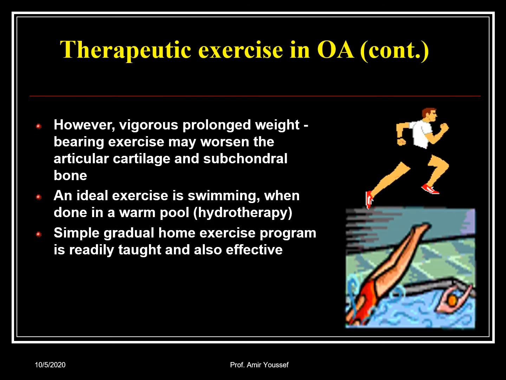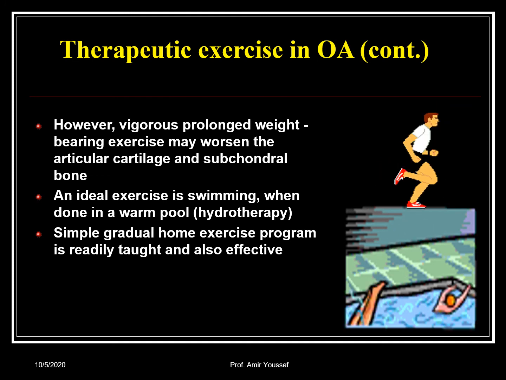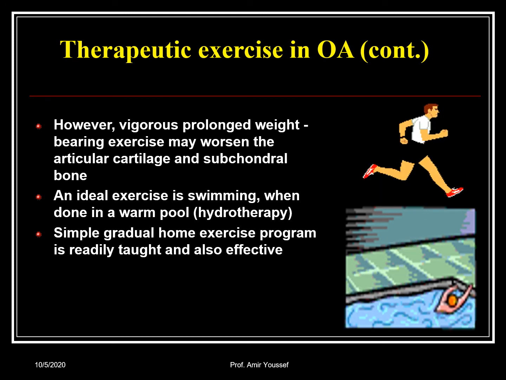However, vigorous prolonged weight-bearing exercise may worsen the articular cartilage and subchondral bone. An ideal exercise is swimming when done in a warm pool or hydrotherapy pool. A simple gradual home exercise program is readily taught and also effective.